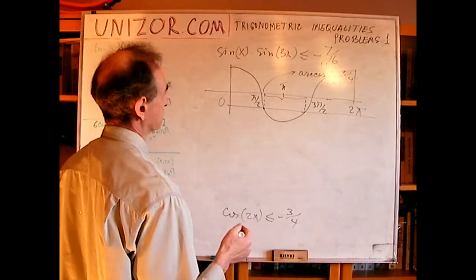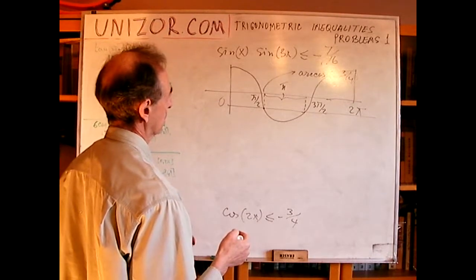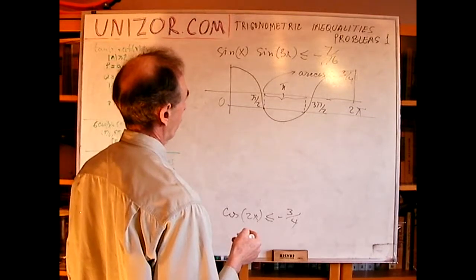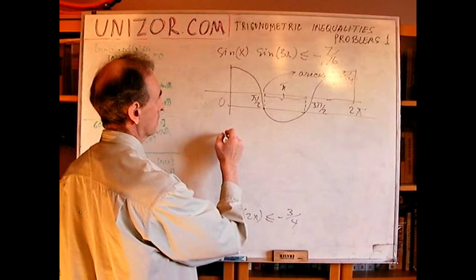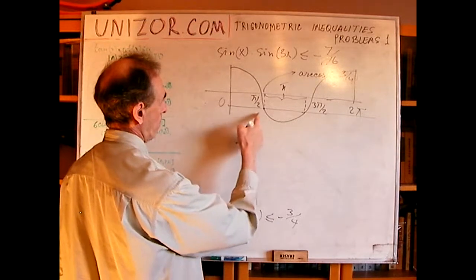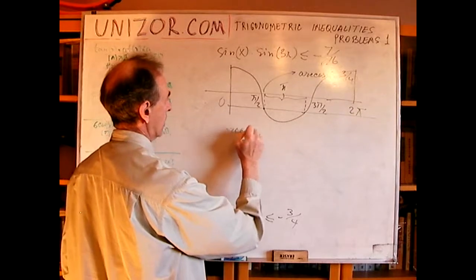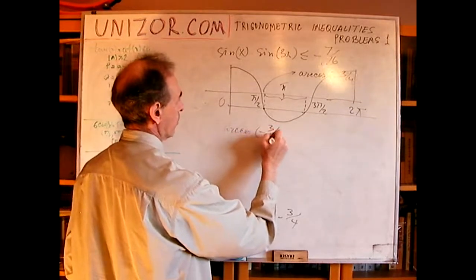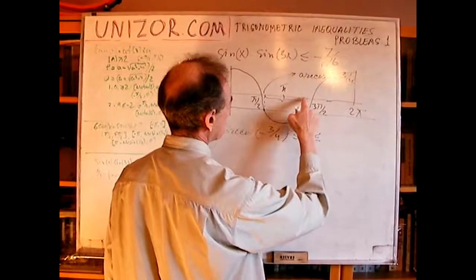Now, I can actually do it this way. So it's from arc cosine of -3/4 to this point.